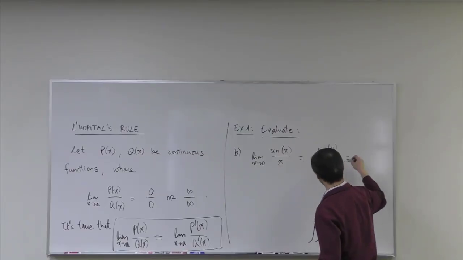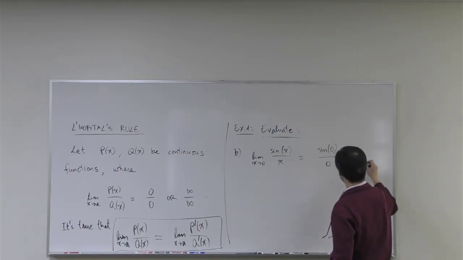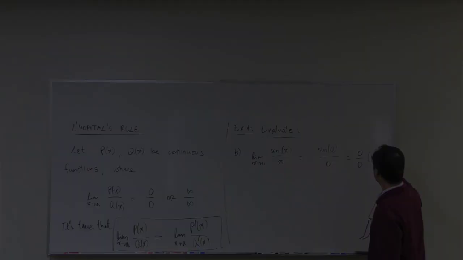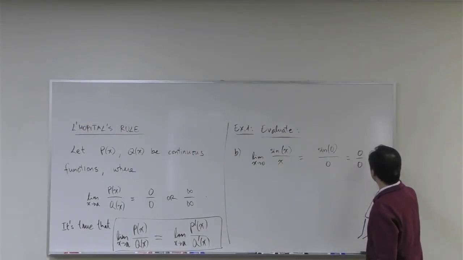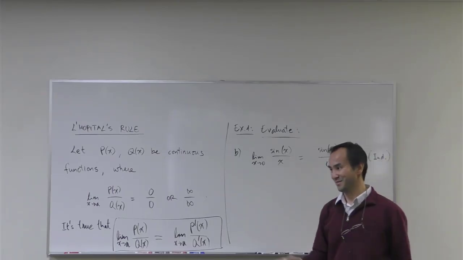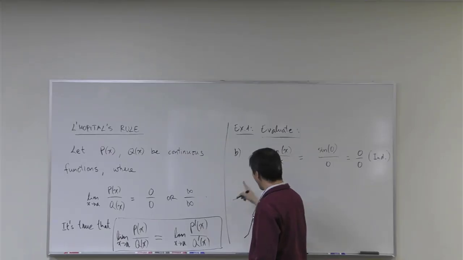And what is sine of 0, by the way? Sine of 0 is a 0, so it's indeterminate form. So clearly this guy here is indeterminate. Let me just write ind for short, for indeterminate.